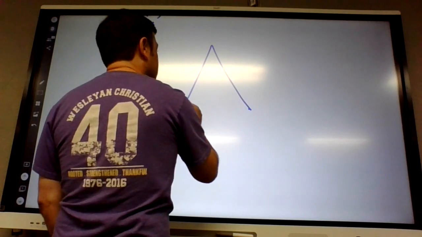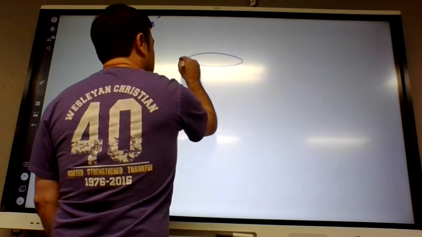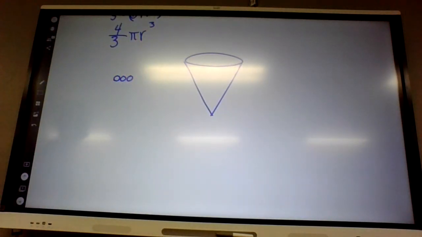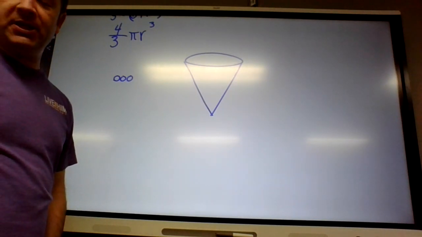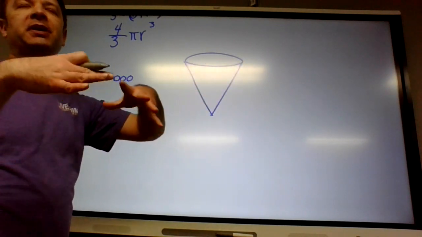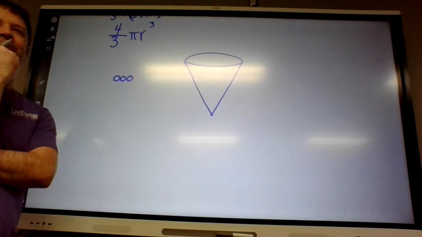Maybe I should draw it the other way around, like an ice cream cone. And the question is, how many of these little balls can we fit inside this if they're melted down so they're like liquid? Any ideas for a game plan here?